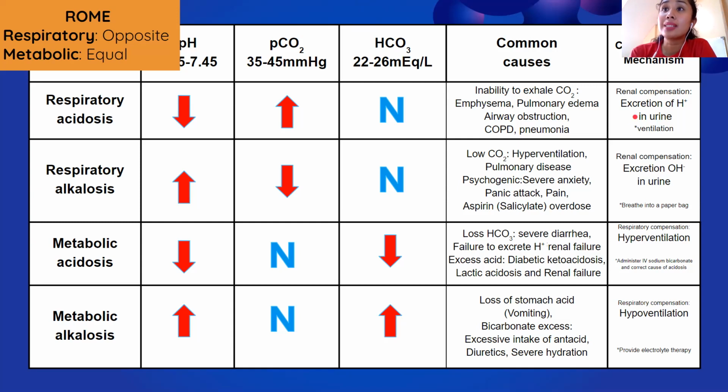The kidney will excrete hydrogen ion in your urine, to reduce the acidity, since the lungs can't breathe and exhale carbon dioxide well. Now, your kidney will be activated to excrete your hydrogen ion in urine. So, your kidney will compensate for the inadequacy of your lungs. The body is amazing, guys, right?